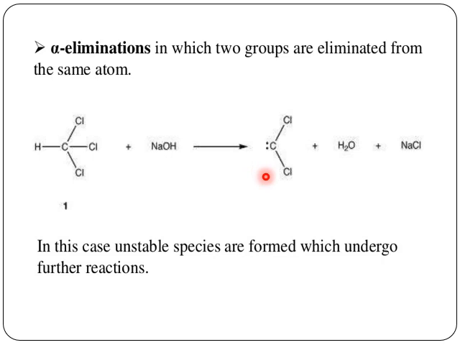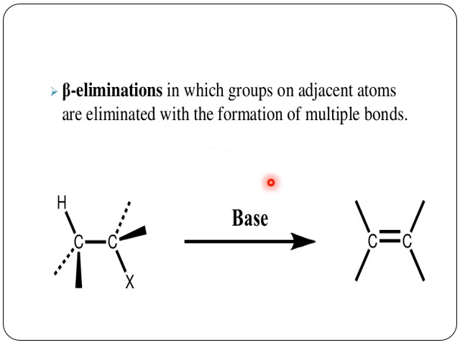The carbene is very reactive and an unstable species, and it will undergo further reactions. It can't exist independently. In beta elimination, the adjacent groups are eliminated with the formation of multiple bonds.